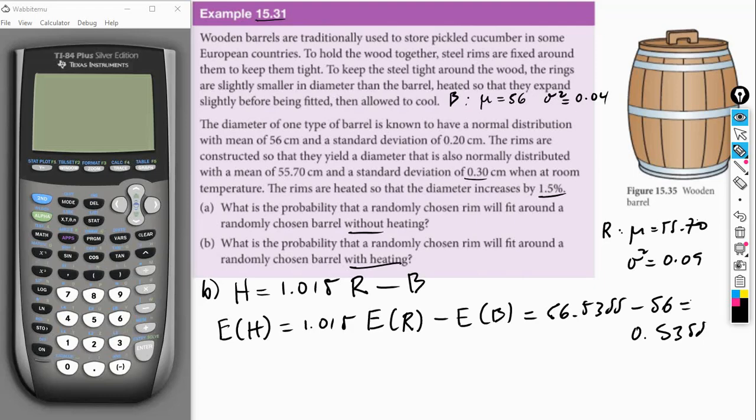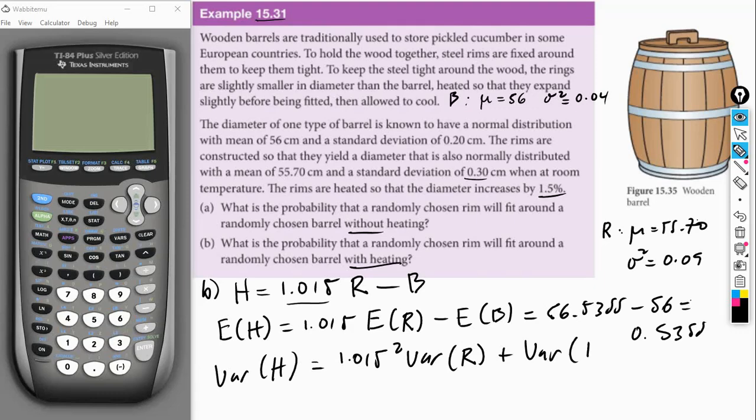Now for the variance, notice that we have this number now multiplying the first diameter. So the variance for H is going to be 1.015 squared times the variance for the diameter of the rim plus, because with variance we always add, plus the variance for the diameter of the barrel.